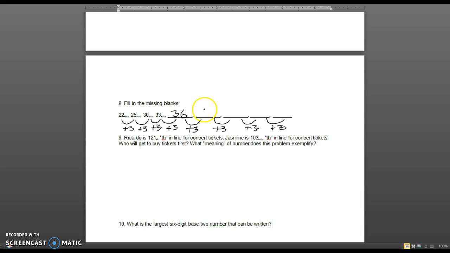Now if I were to do the next one, that would be 3, 9, but that's not okay. I can't have 9 1s in base 8, so I would take 8 of them and move them over here to become a 4, and I'd still have a 1 straggler here left behind.